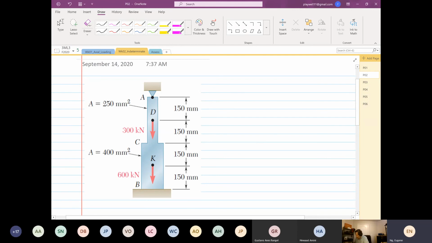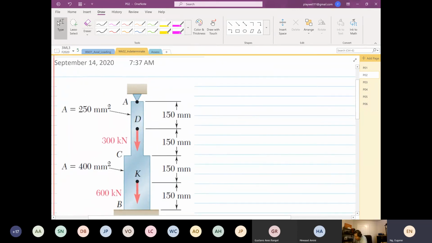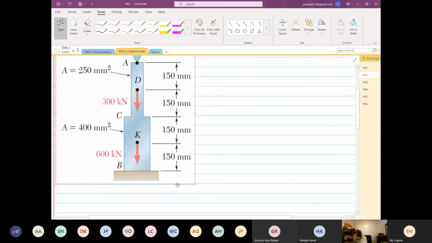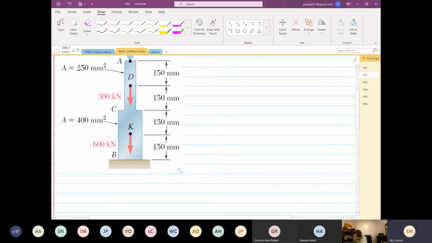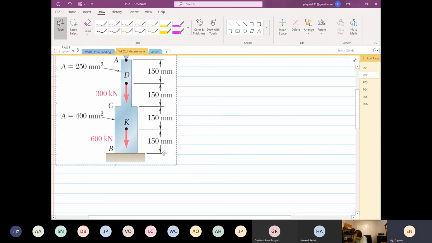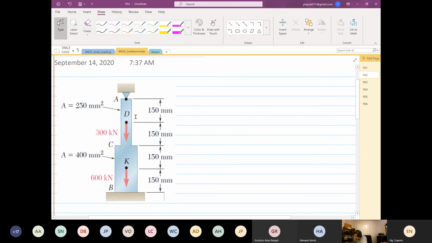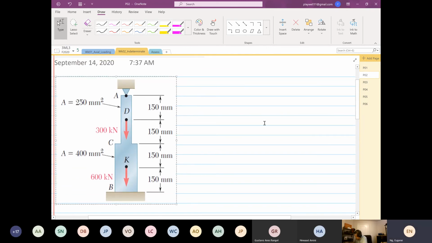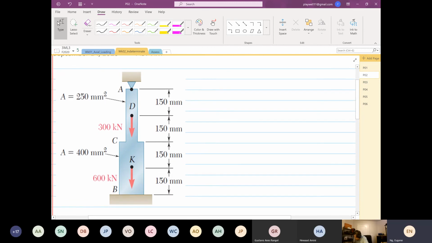So I'm going to show you the solution procedure. From here, I hope I've convinced you that this structure is statically indeterminate.